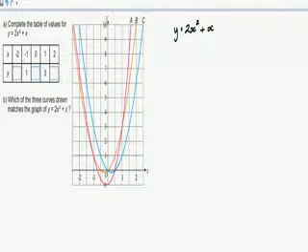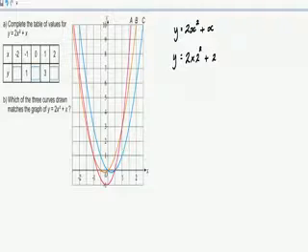Okay, so we need the value 2. So y will equal 2x squared, so that's 2 lots of x squared, so that's 2 times 2 squared plus x, which is 2.